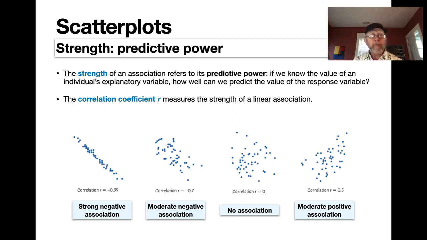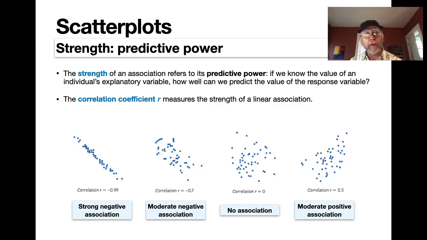And you see below there 4 graphs showing various kinds of relationships and the associated correlation coefficient. The first relationship is a strong linear negative association, right? And it turns out that the correlation coefficient there is negative 0.99.